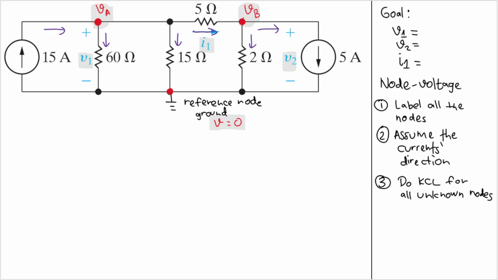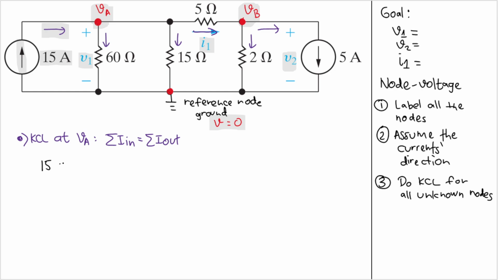Okay, the first KCL is at node VA. And what does KCL say? KCL says that the sum of the currents that go in equals the sum of the currents that go out. Good. Let's see VA here. We have this current that goes in, and it is the only current that goes in. And we know exactly the value, because this is a current source, and the value is this 15 ampere. So we will have 15 here as the only current that goes in.